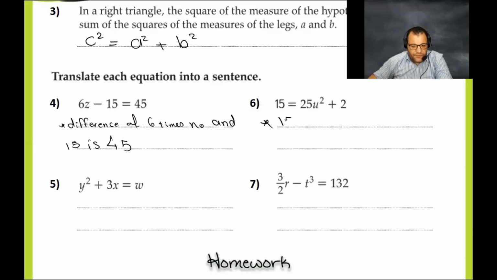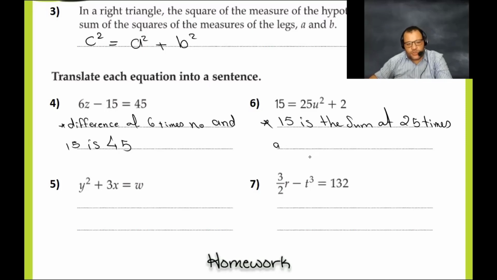15 is the sum of 25 times the square of a number and 2.